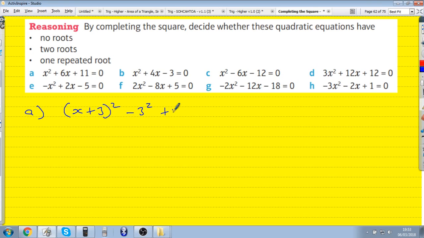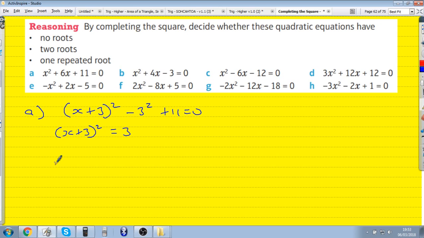So (x + 3)² is 3. So x + 3 is plus or minus the root of 3. And so how many roots? So that's 2 roots, I think. Yeah, and that's all they asked for, so you can stop there.